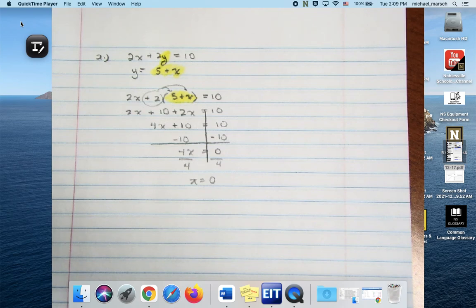So this tells me the x value of the ordered pair that would be the solution to this system of linear equations is 0. Yes, that can happen.